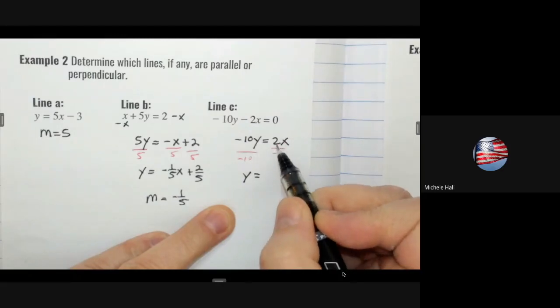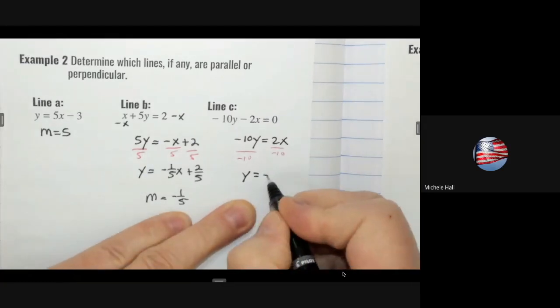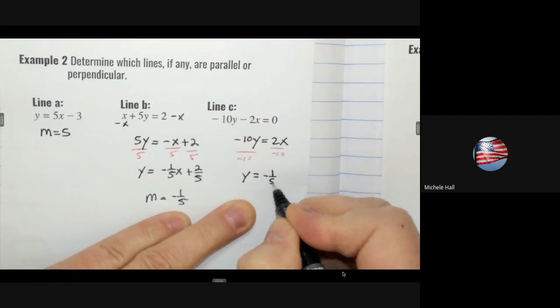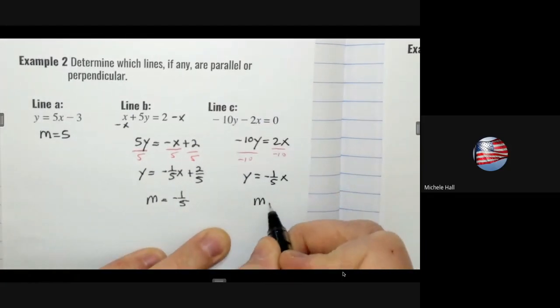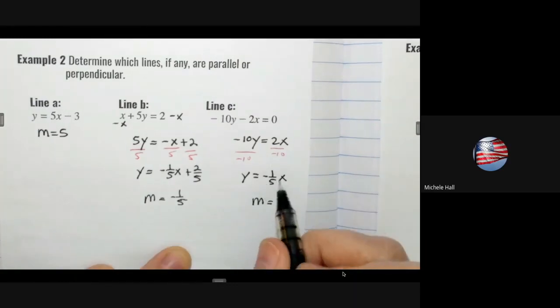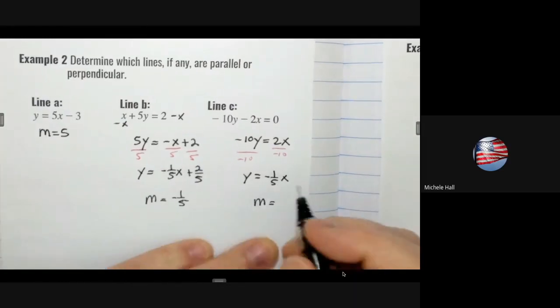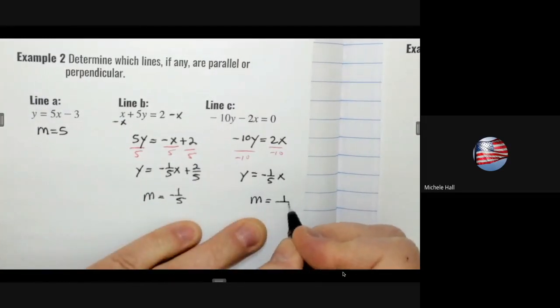That's -2/10, and I'm going to reduce it. Divide both terms by 2, and we get -1/5 x. What is the slope of this line? Here's my x. The slope is always in front of x, so our slope is -1/5.